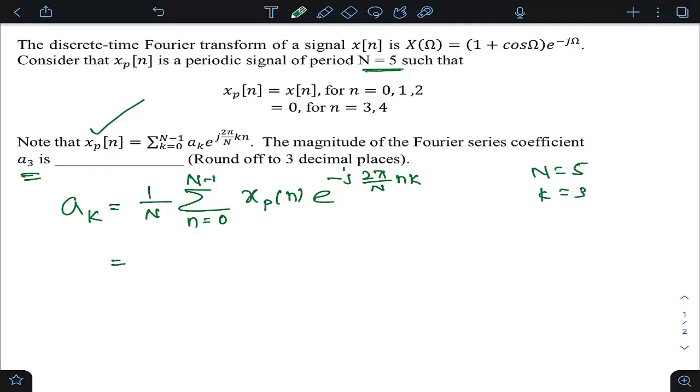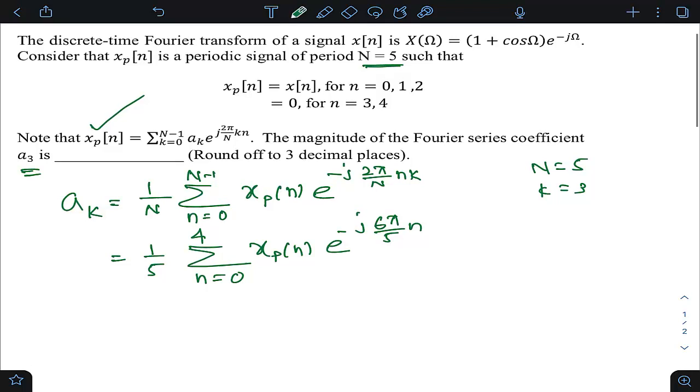If you simplify, this is 1 by 5 summation n from 0 to 5 minus 1, which is 4, of xp of n into e raised to power minus j 2 pi by 5 times 3n. In fact, directly we can write this as e raised to power minus j 2 pi k, where k is 3, so it is 6 pi by 5 n. So if you substitute k equals 3, it is 6 pi by 5 n, right?